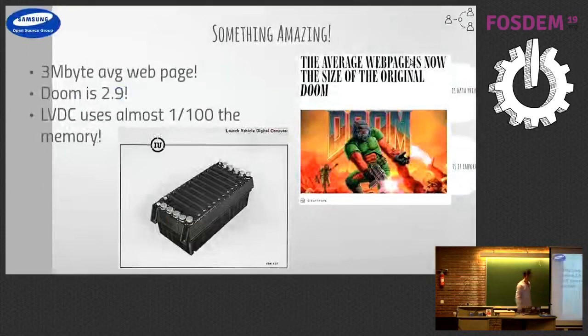Right, something unbelievable. The average web page is about 3 meg in size now, so that's huge. To put it in perspective, Doom was 2.9 meg when it came out, the game. And this thing here, the launch vehicle digital computer, weighs 32 kilograms. It's triple redundancy, and that took man to the moon.